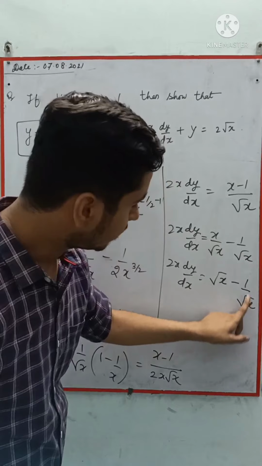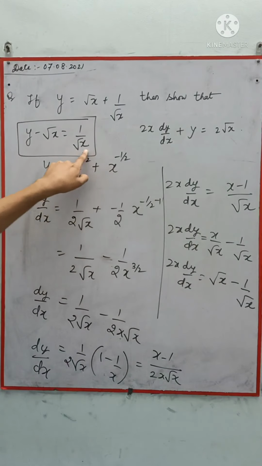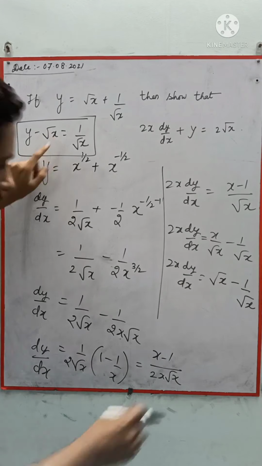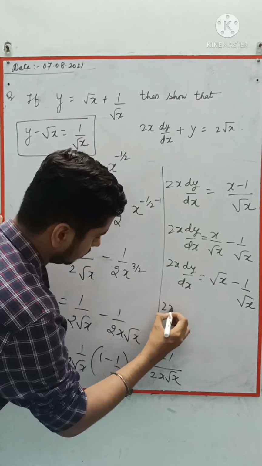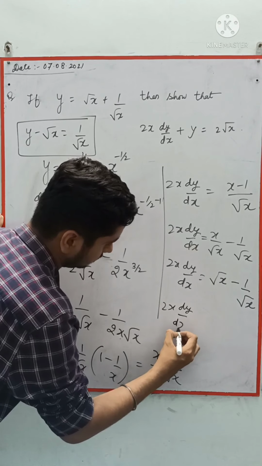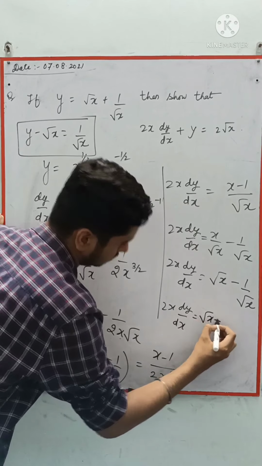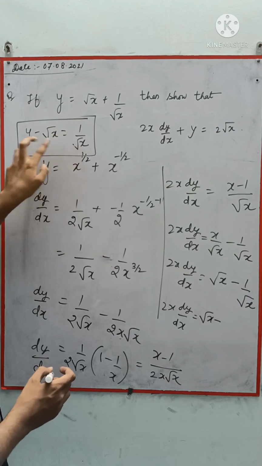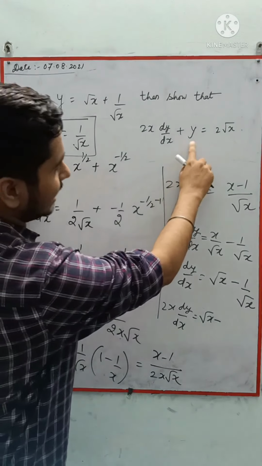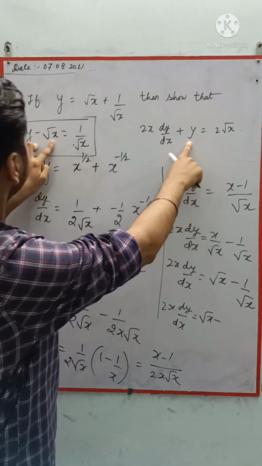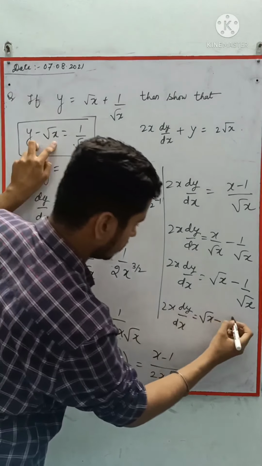Why I did this? Because 1 upon root x can be replaced with y minus root x. So put the value here, minus. So 1 upon root x can be replaced with y because I need the y in the proof. Okay, that is why we are doing so.